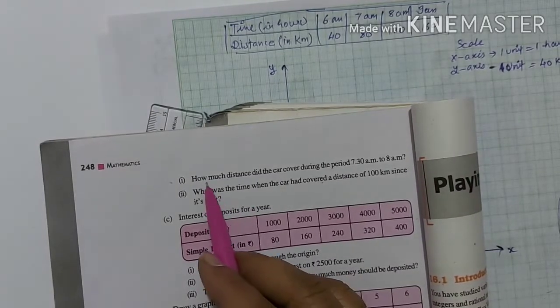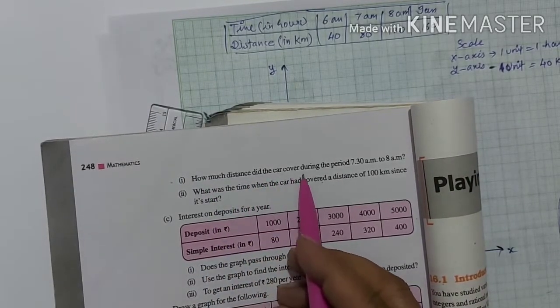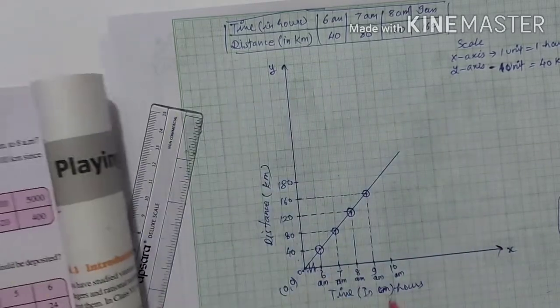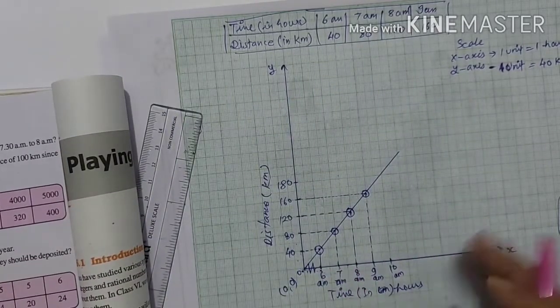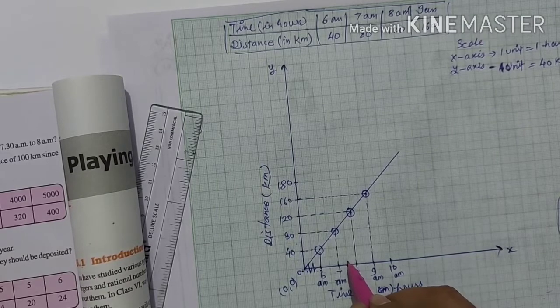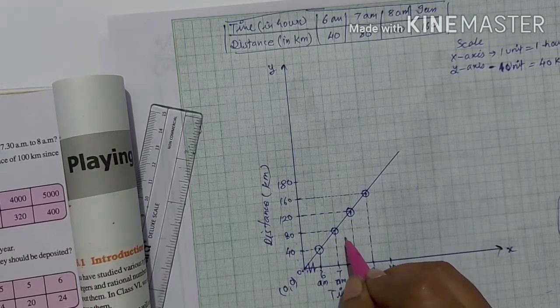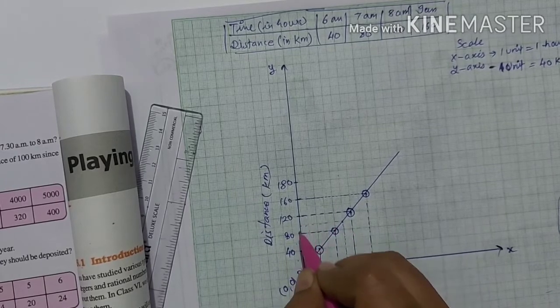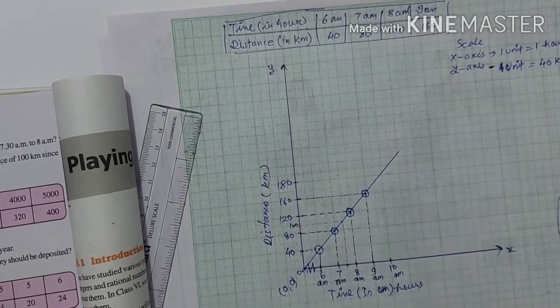First question: how much distance will the car cover from 7:30 to 8 a.m.? 7:30 is the midpoint of this, and here the midpoint is 100.